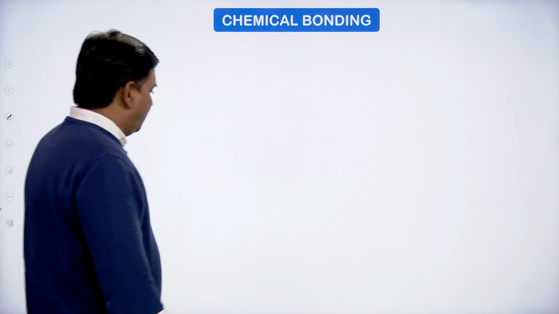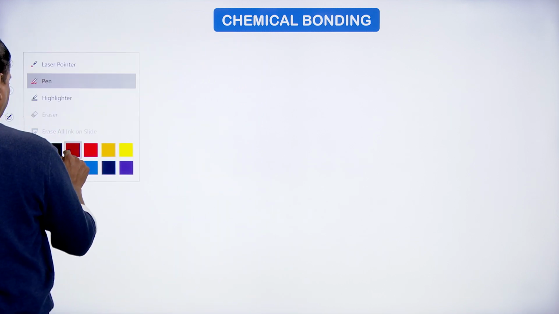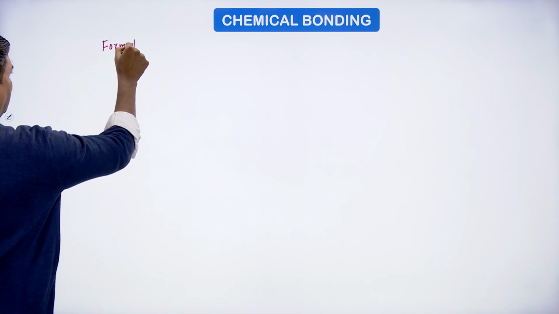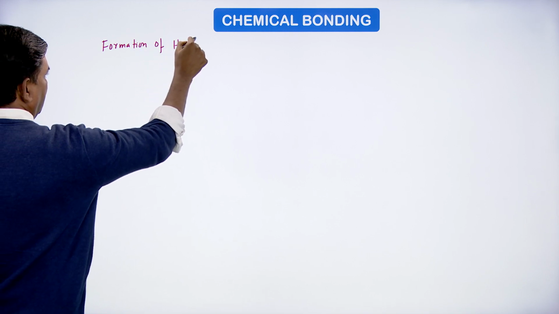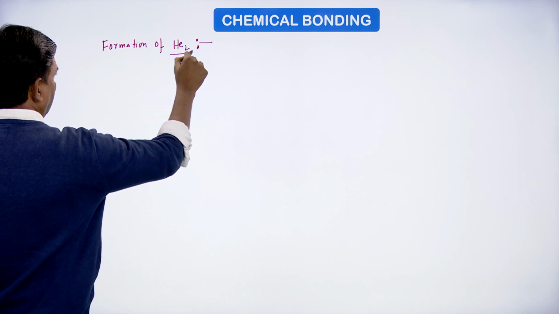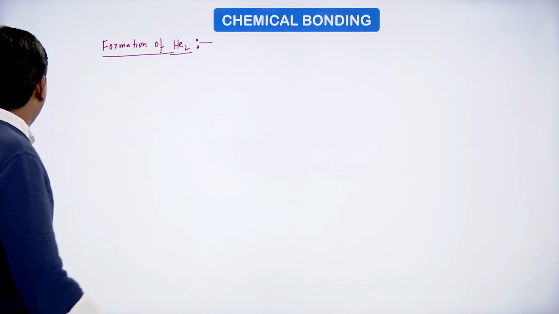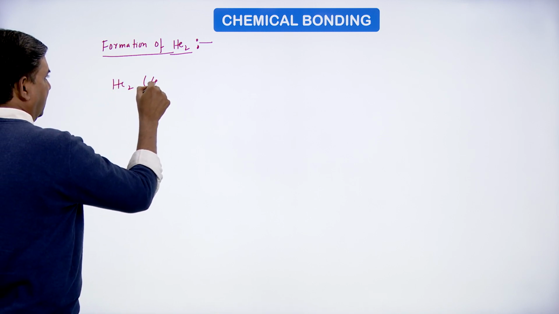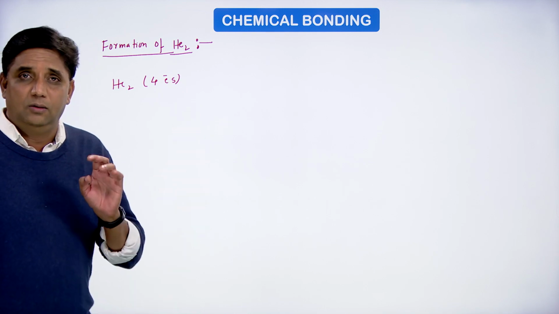Right, students, now the formation of the He2 molecule. He2 is helium-2, which contains 4 electrons, because each helium contains 2 electrons.